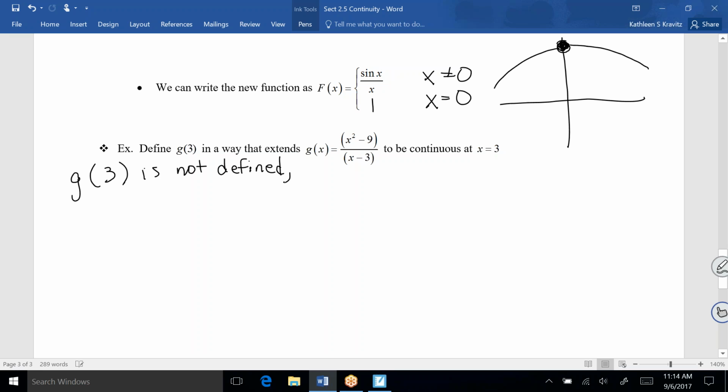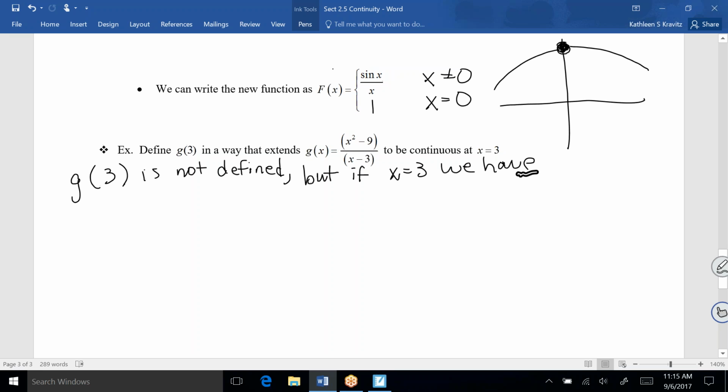But let's see what happens when x is 3. Now we're going to give it a different name. We'll call it capital G of x.